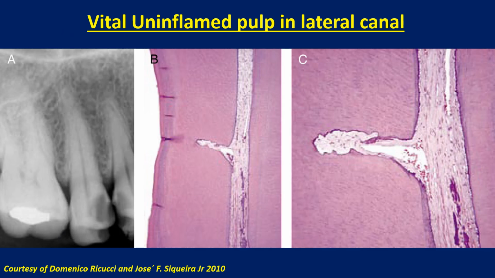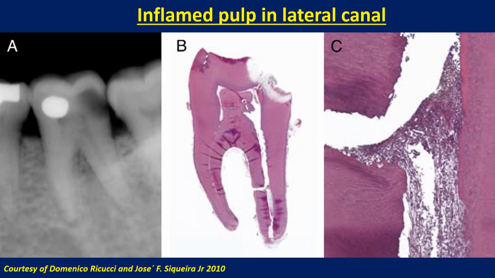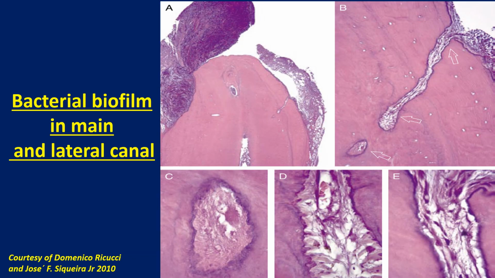But Ricucci and Siqueira showed us that the lateral canal is filled with uninflamed pulp or inflamed pulp or bacterial biofilm in the main and lateral canal. So really it is joined with the main pulp tissue.